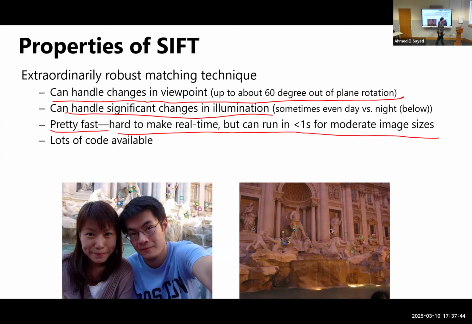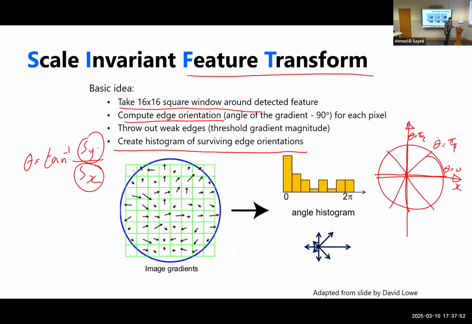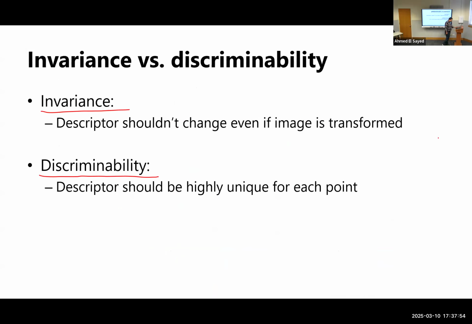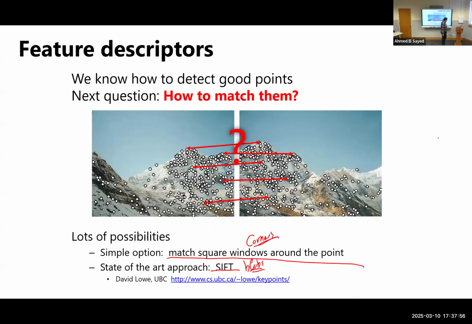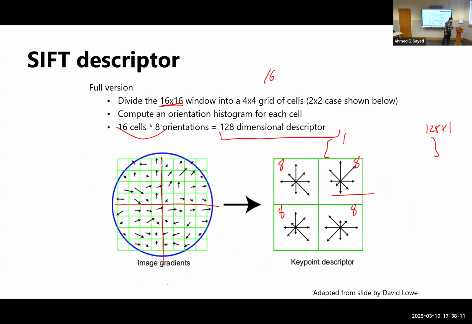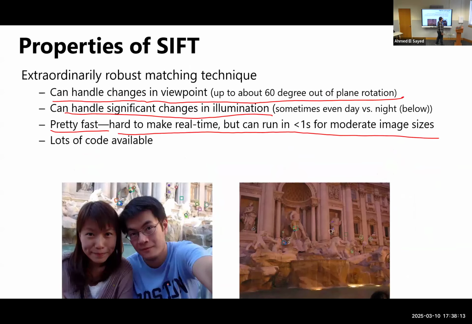The original code for SIFT was made by the original author of the paper, this is the original paper, if I'm not mistaken, by David Lowe from the University of British Columbia. And this is the link for the original paper, if you want to check it. He implemented it actually as a DLL.